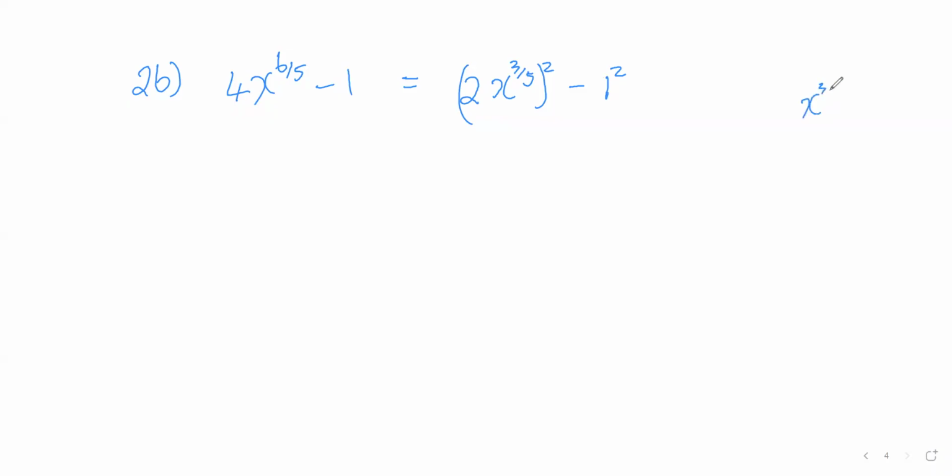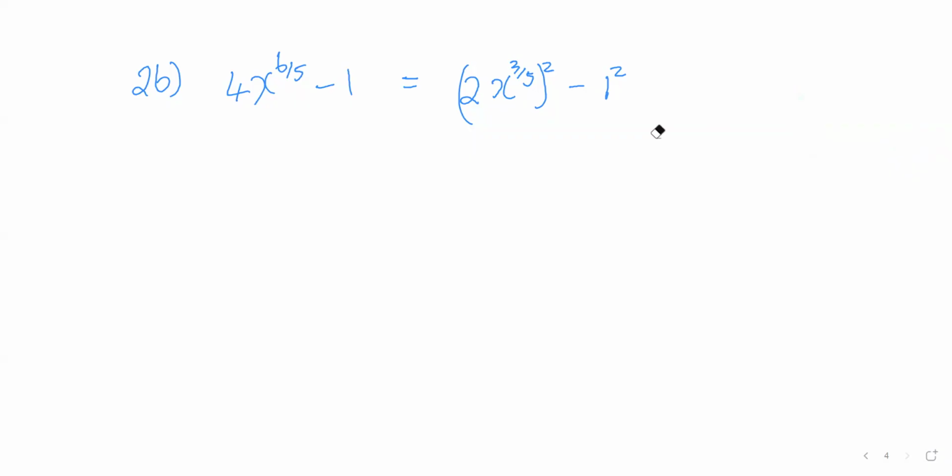X to the 3 over 5 to the 2 will be x to the 3 times 2 over 5, basically, which will be x to the 6 over 5. Okay, remember that law of exponent. We have this as one of our laws of exponents.